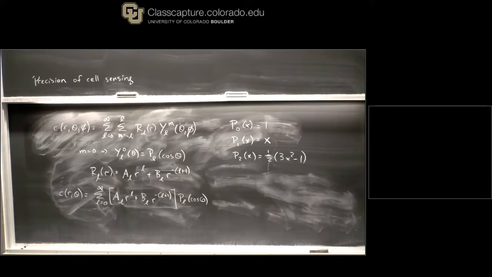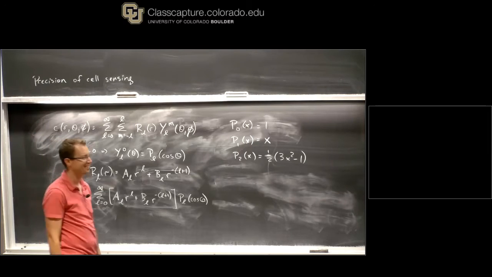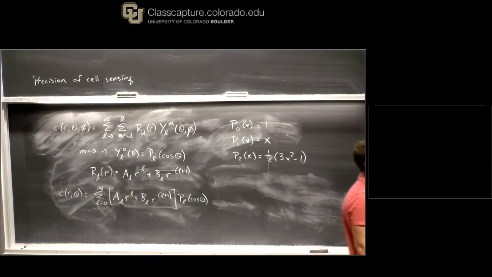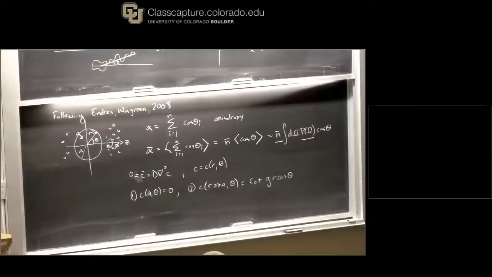Let's now specialize with the boundary conditions, right? Which one would you like to apply first, 1 or 2? So I have a problem with applying 2 first per se, because there's no a, little a, in my expression yet. So I don't know how to enforce the r much greater than a.